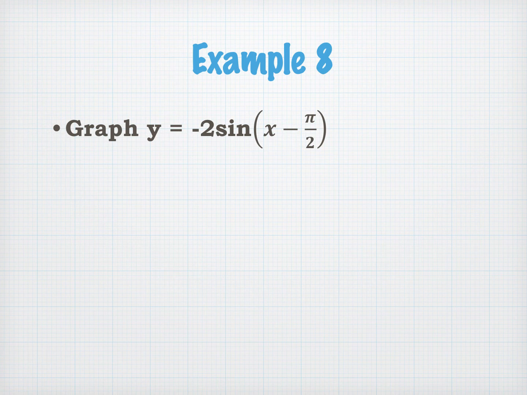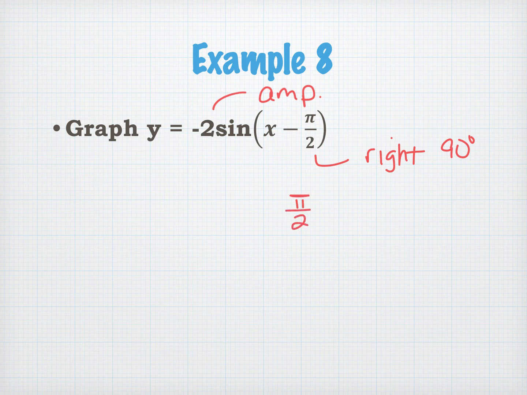Okay, so for this one, it's got an amplitude of negative 2, so that's my amplitude. And then over here, pi over 2, and again, it's minus, backwards of what you think. So we're shifting it to the right, and again, remember, pi over 2 is 90 degrees. So again, let's do your calculations. We're starting at pi over 2.